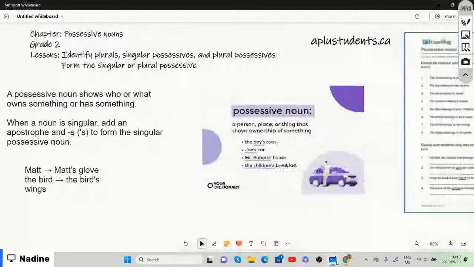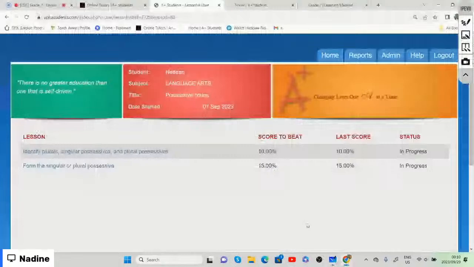All right, so now we're going to aplusstudents.ca, and we said that our chapter is possessive nouns, and the first lesson under our chapter is to identify plurals, singular possessives, and plural possessives.